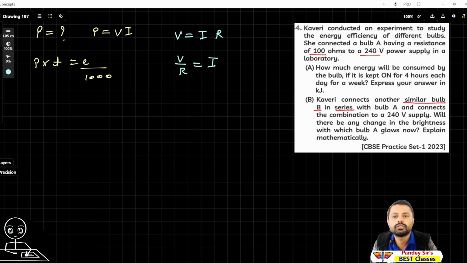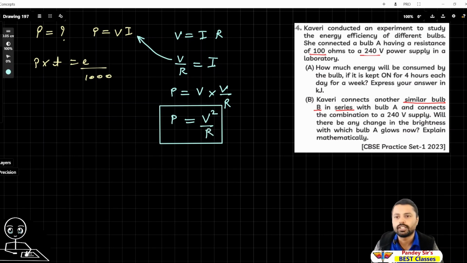Now let's substitute this value into this, and we get P equal to V into V by R, that's V square by R. We'll use this formula to find the energy.